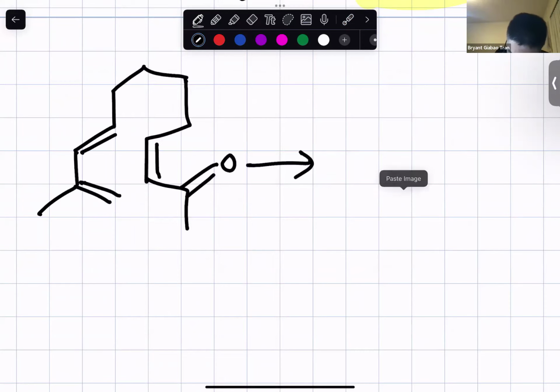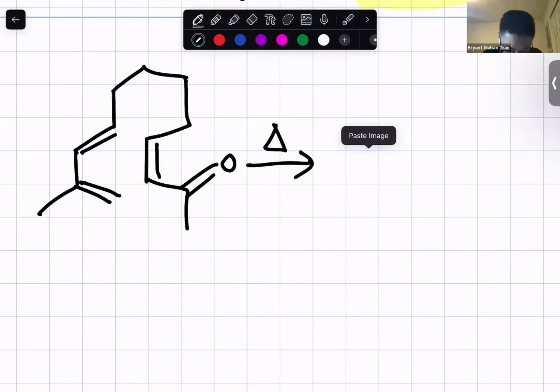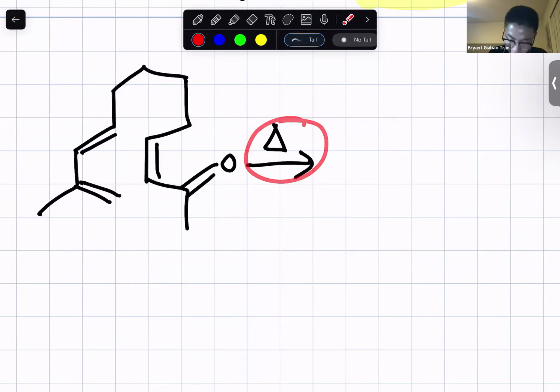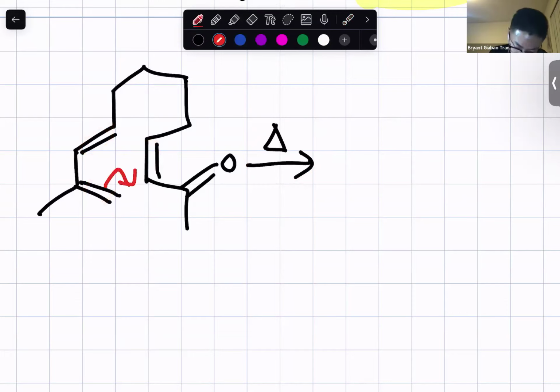React this with heat. Okay, let me try doing this without looking at the key, blindly, and see how I would do this. I know this is going to be some kind of ring closing because I have heat and I have some kind of system that wants to close. We could imagine the arrows like this right here. Do these arrows make sense like that?